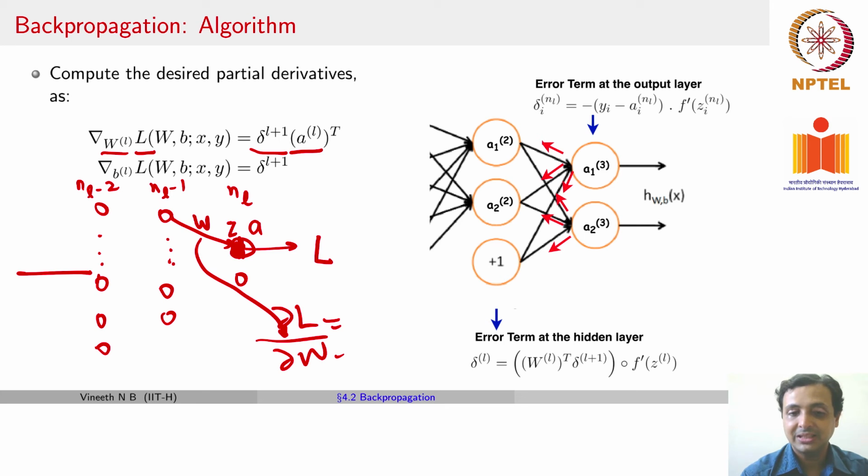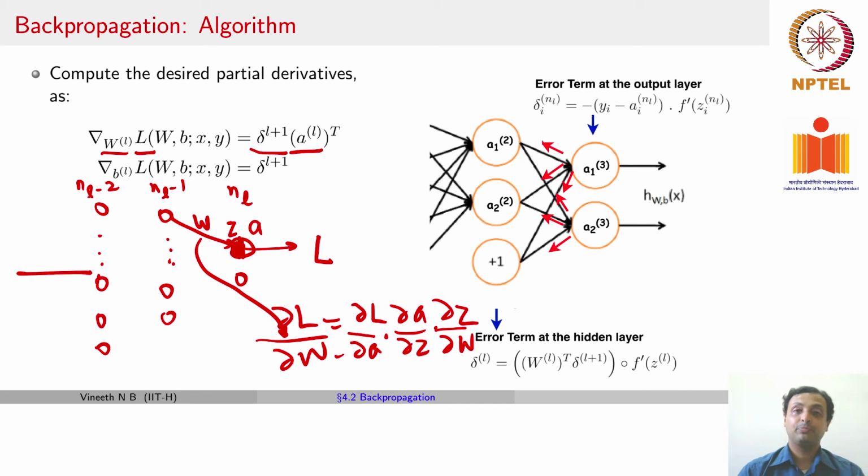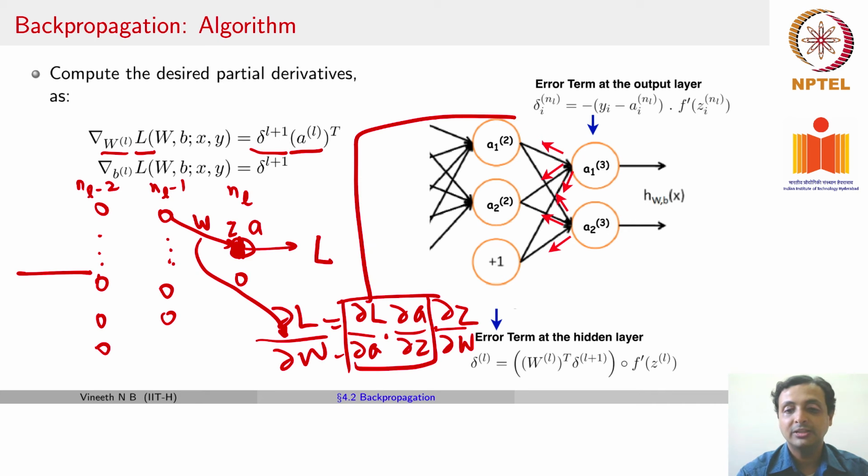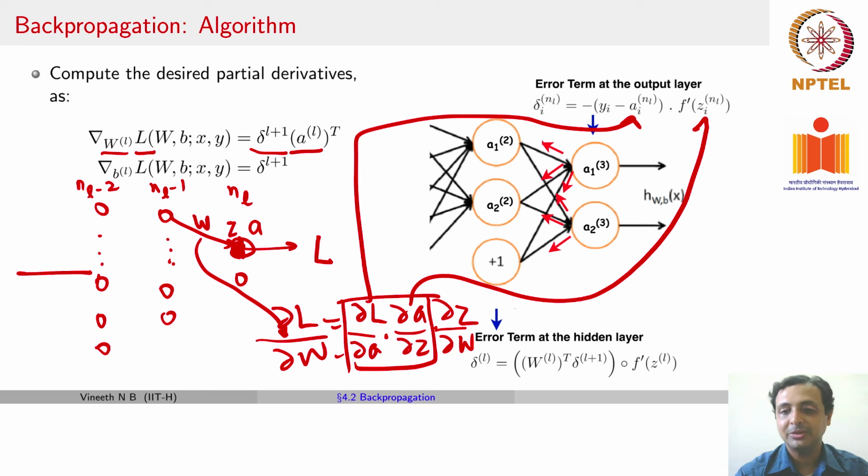The chain rule tells us this is dou L by dou A into dou A by dou Z into dou Z by dou W. Now, dou L by dou A is exactly this term here, the derivative of the loss with respect to A. Dou A by dou Z is exactly this term here, which is the gradient of the activation function, f prime.